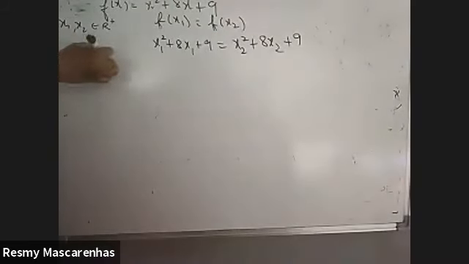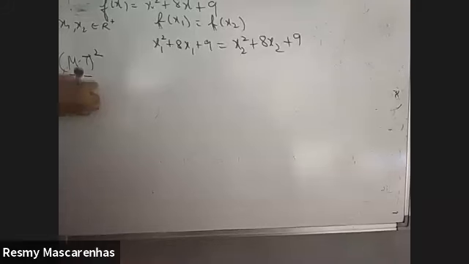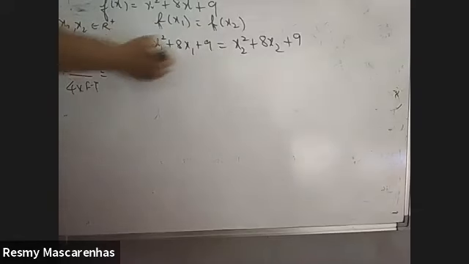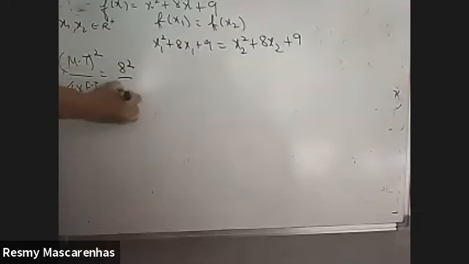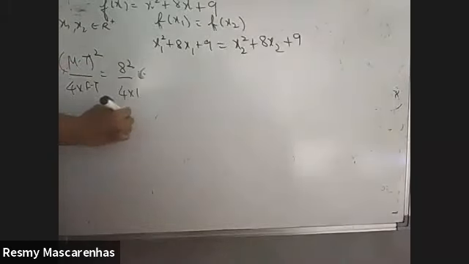That will be middle term square upon 4 times first term. So middle term is how much? 8 square. Okay, so 64 upon 4. So that will be 16.